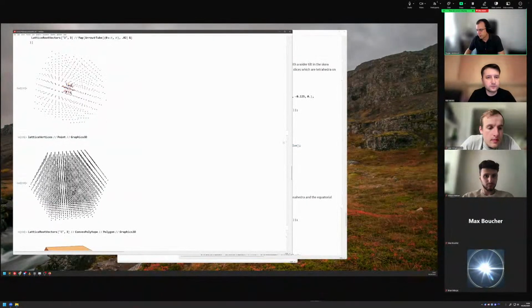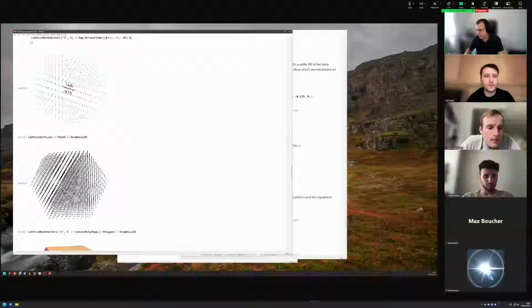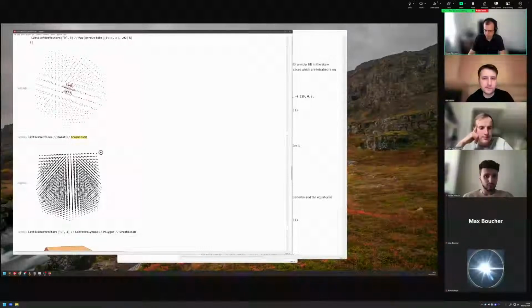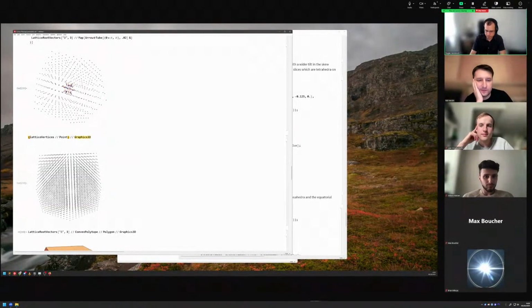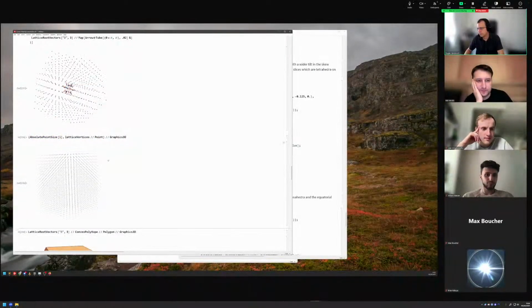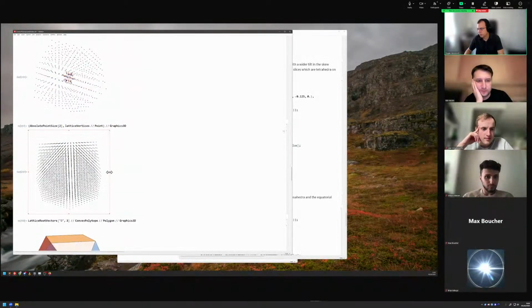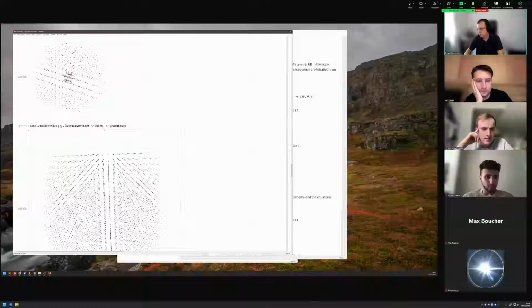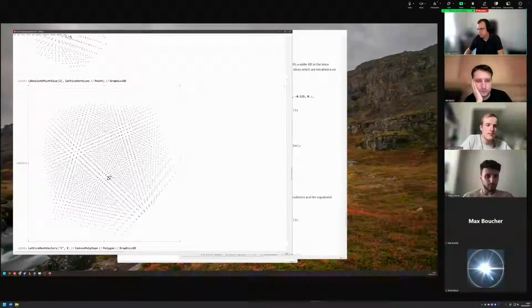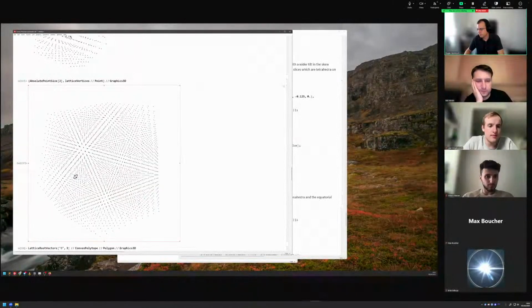And then you'll start to see a bunch of patterns in it as you dial it around. So it's pretty fun.